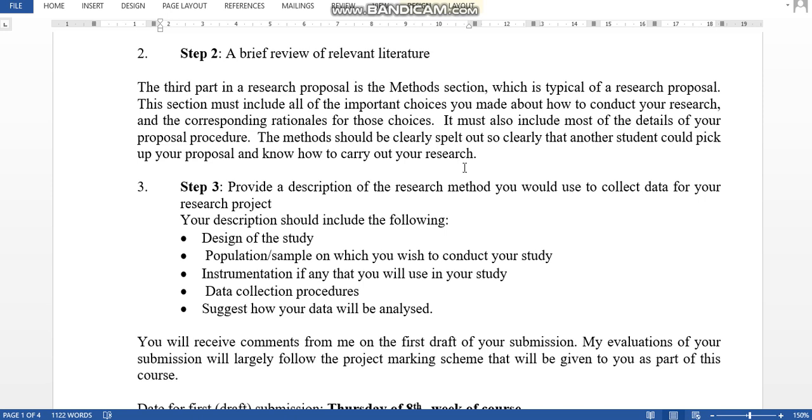You assemble them accordingly as you move through arguing your research proposal.